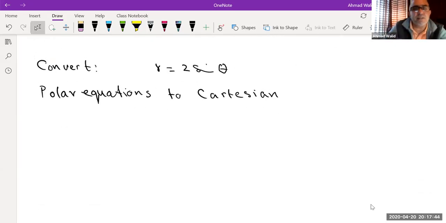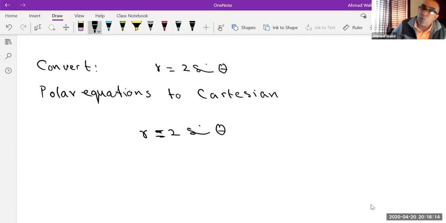For example, I put this example already for you. They are giving you r equals 2 sine theta. It's a polar equation. First, my question, is this a polar equation? Yes, because I have radius r and my angle is involved. I have an equal sign, so it means it's a polar equation.